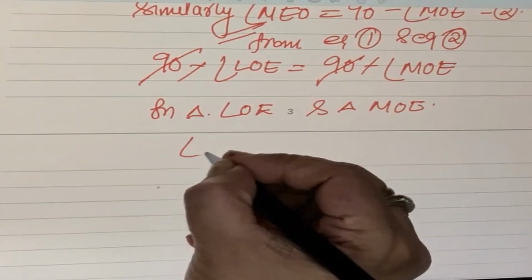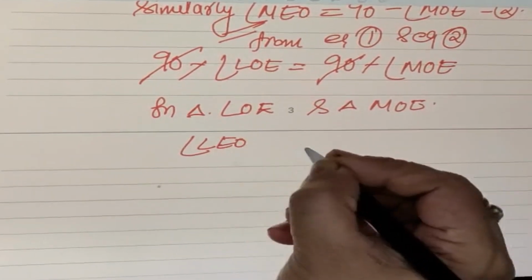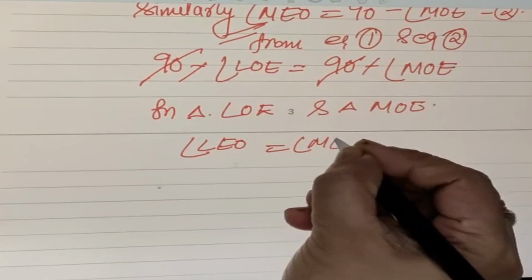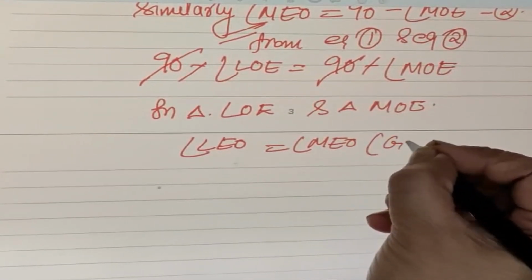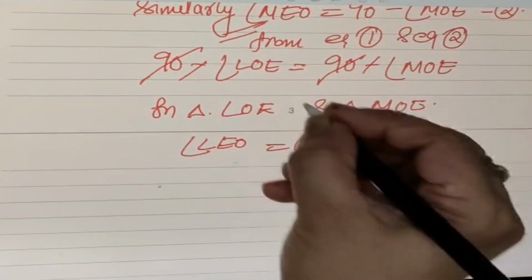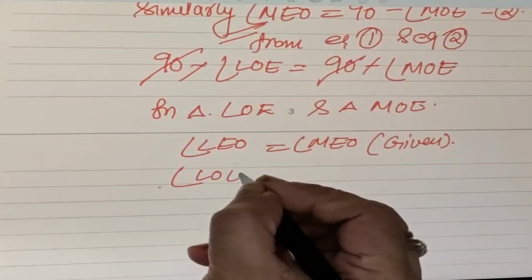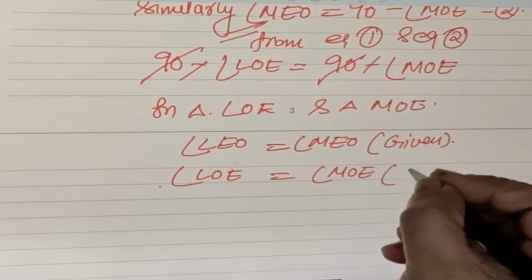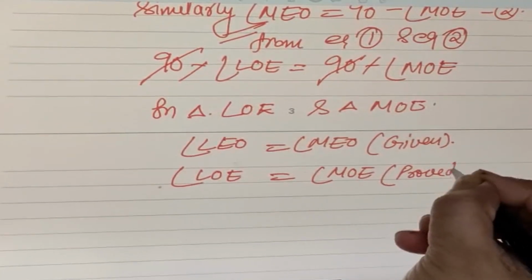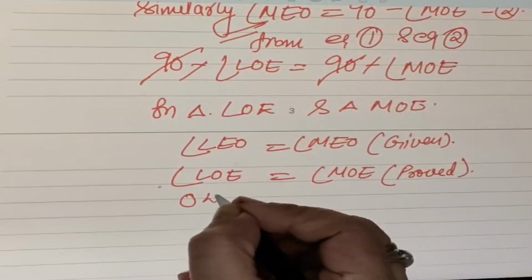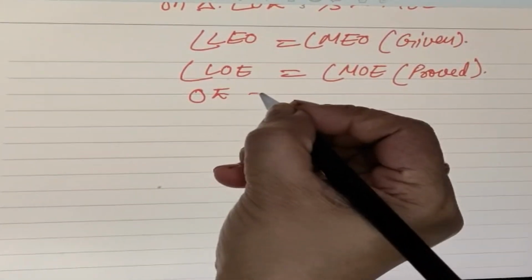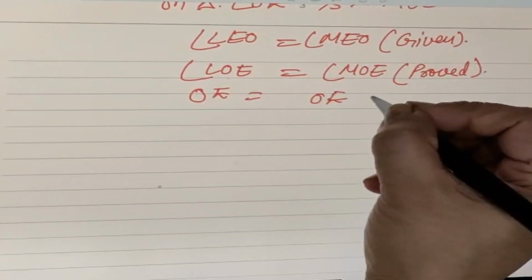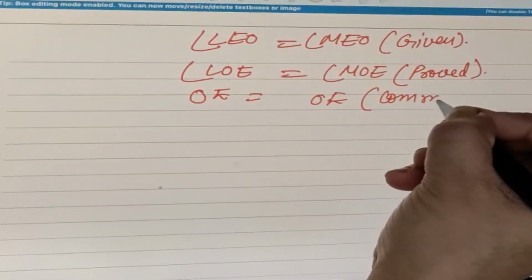Come on, tell me which angles are there? LEO is equal to MEO. Reason: given in the question. We proved it already, LOE and MOE are equal. So you can write down proved above. Then I will write down OE is equal to OE, which is the common side of both triangles.